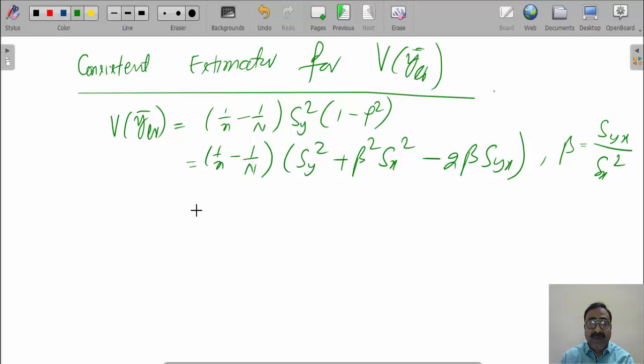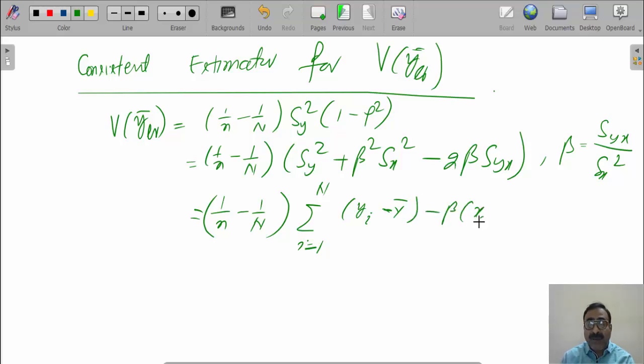Using this, it is equal to (1 by small n minus 1 by capital N) times summation i equal to 1 to n of (yi minus y bar minus beta (xi minus x bar)) whole square, divided by n minus 1.